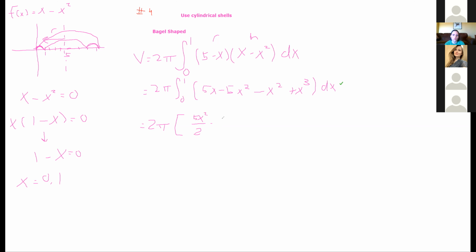Personally, I would say you've got minus 5x squared minus another x squared, so minus 6x squared. I guess we could even simplify that right there. We'll put a 2, and then plus x to the 4 over 4 from 0 to 1.